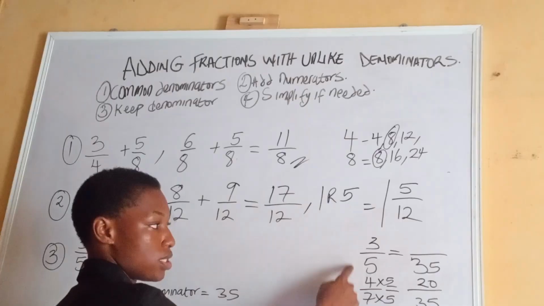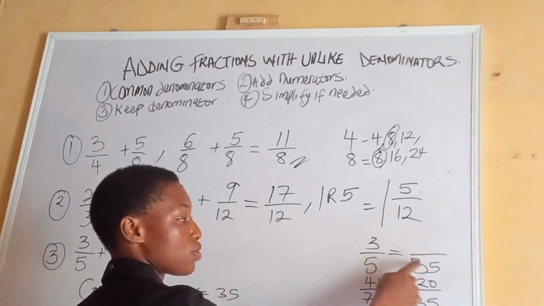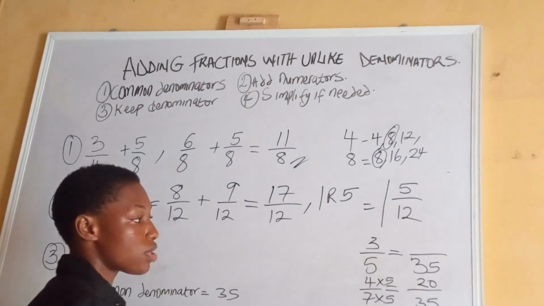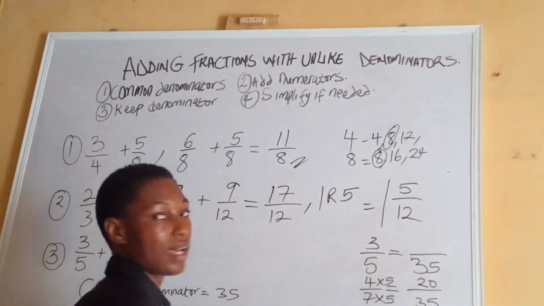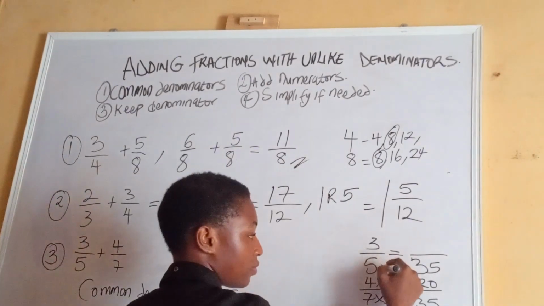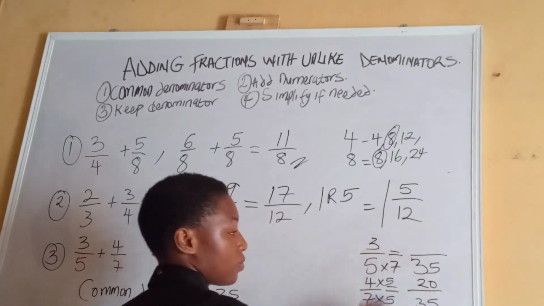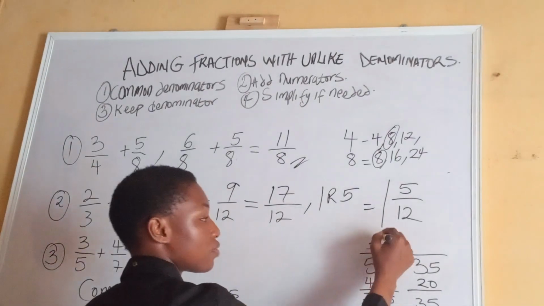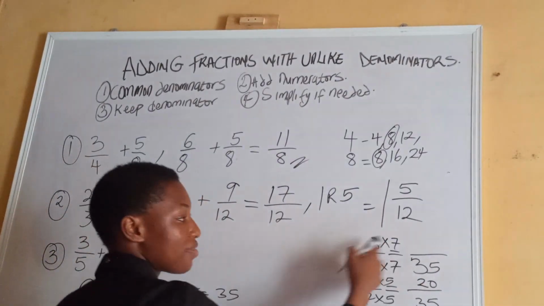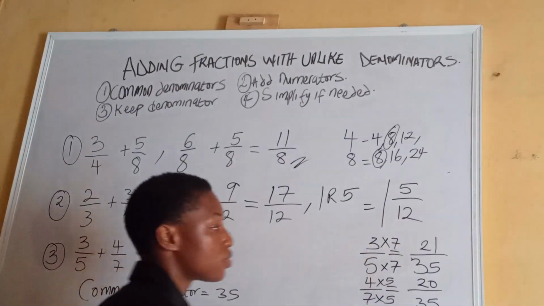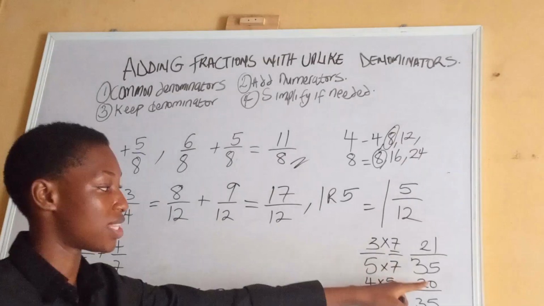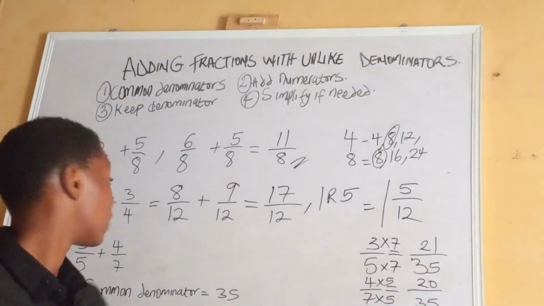The same thing you are going to do with this. You have 3 over 5 equal to dash over 35. So you think to yourself, what can you multiply 5 by that will give you 35? That's 7. 5 times 7, 35. And then you multiply the numerator by 7 too. So this is 7 times 3, which is 21. So you have here 21 over 35 plus 20 over 35.